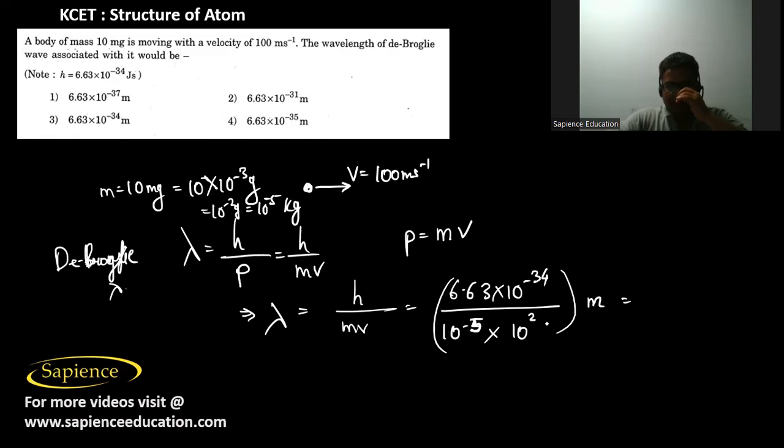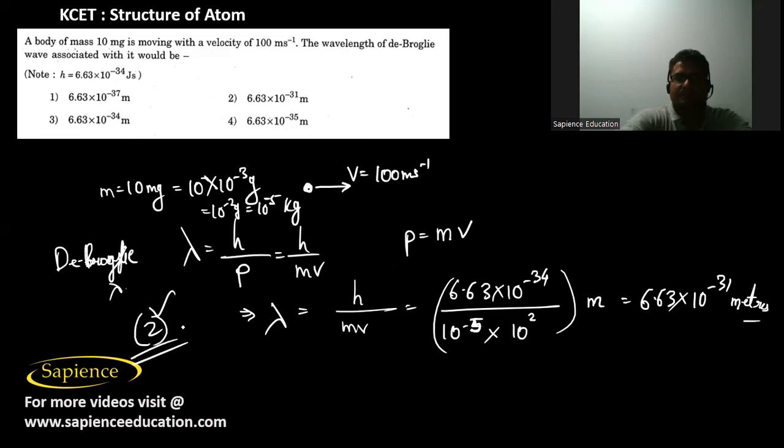That will be equal to 6.63 into 10 power minus 3 minus 34, that is 10 power minus 31 meters. So the de Broglie wavelength is 6.63 into 10 power minus 31 meters. So option 2 is the correct answer.